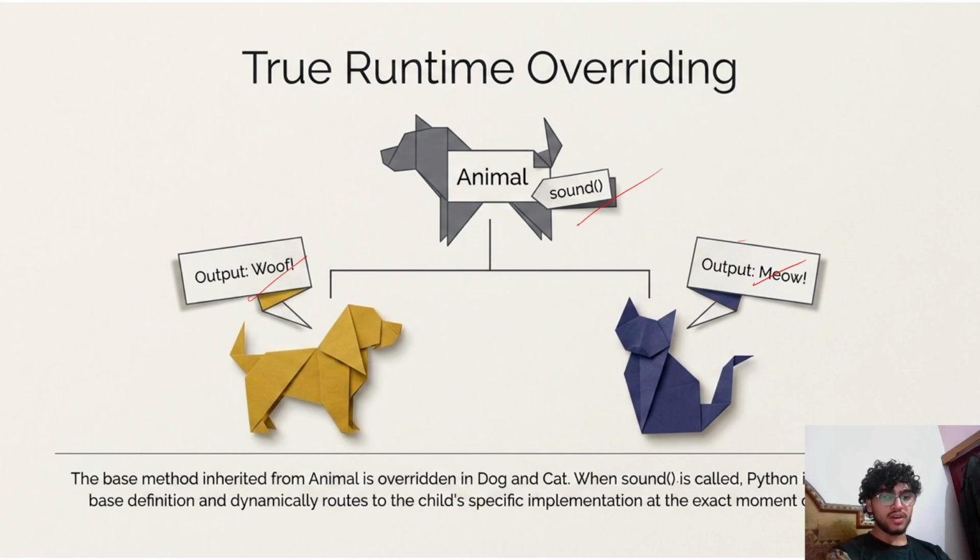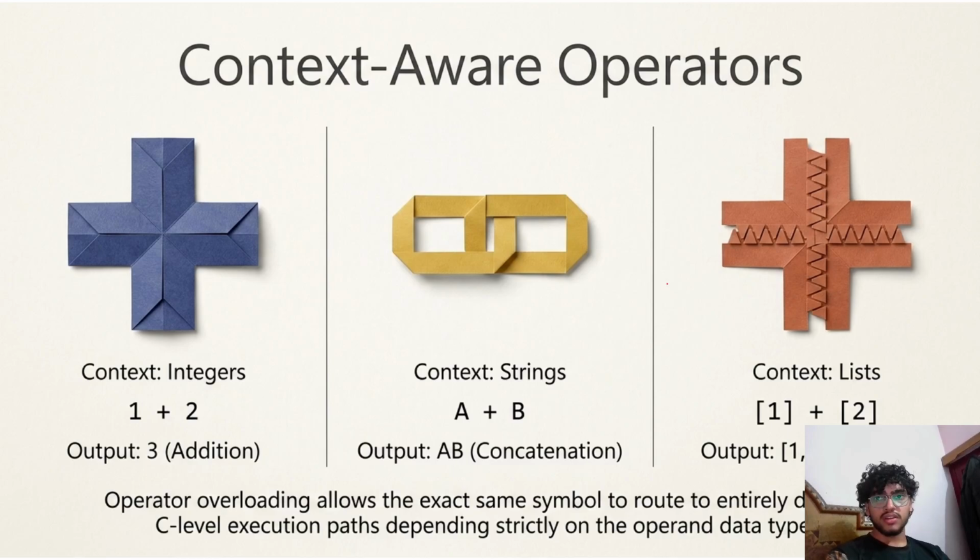When sound is called, Python ignores the base method, and whatever the sound method does in the subclass, that sound will be produced as per the object. Now context aware operators. So with integers, addition will add; with strings, it will concatenate; and with lists it will merge.